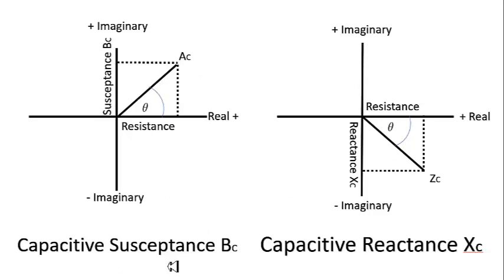And it's well known that susceptance and reactance are reciprocals of each other, they're inverses of each other, but they are also complex conjugates of each other, meaning that the capacitive susceptance occupies the positive real, positive imaginary quadrant of the complex plane, and the capacitive reactance occupies the positive real, negative imaginary quadrant. They are flipped about the real axis. And when something is flipped about the real axis, it is referred to as the complex conjugate.